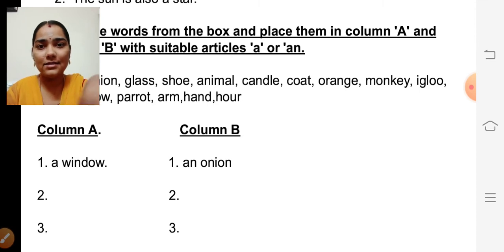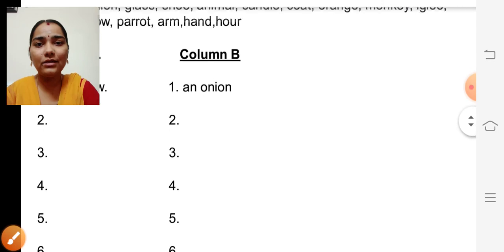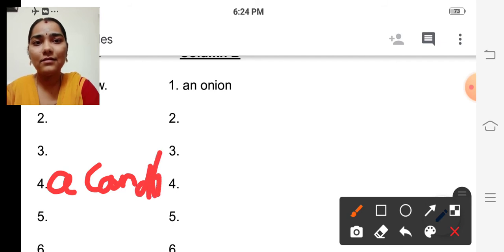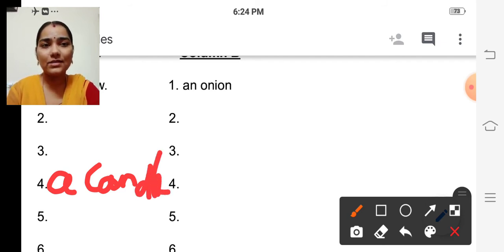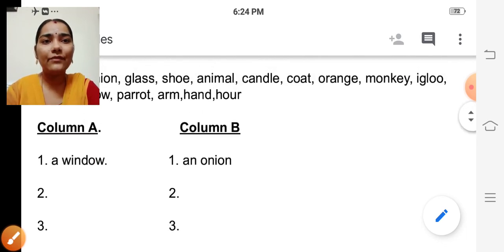A candle, isn't it? So here the fourth one will be a candle. Is it clear? Yes. The next one will be, after candle, coat.